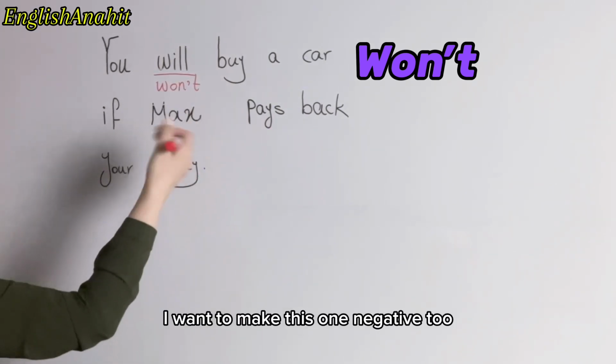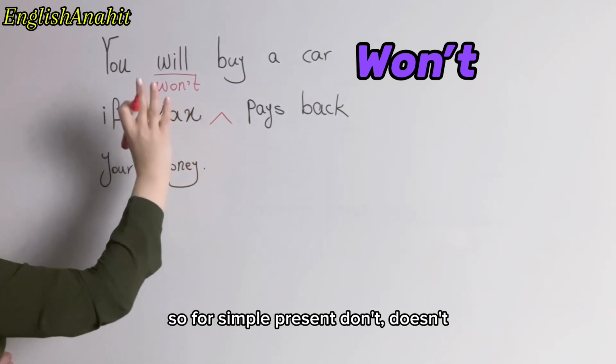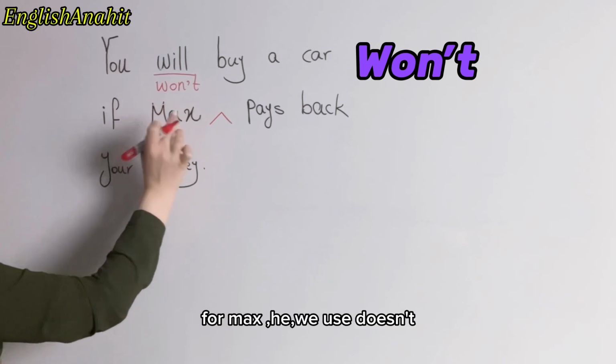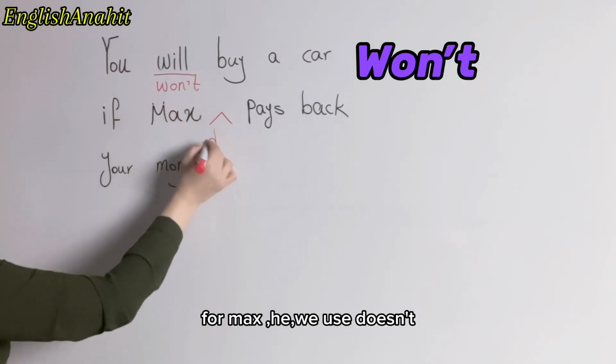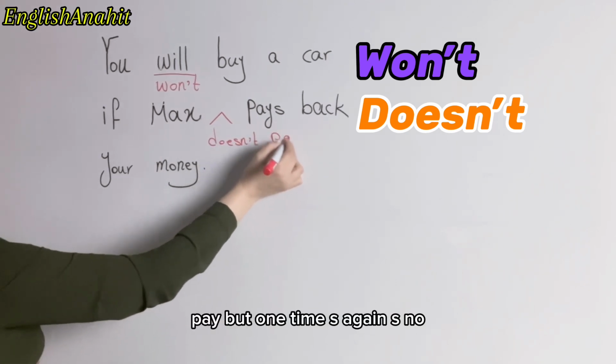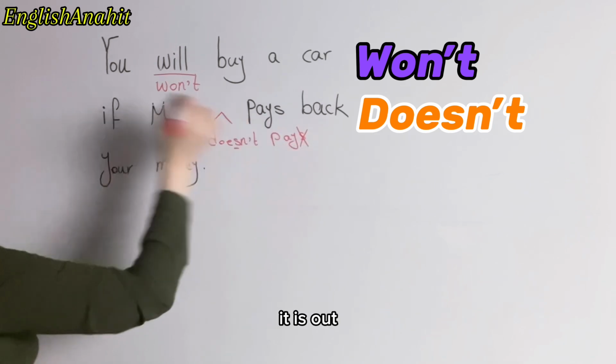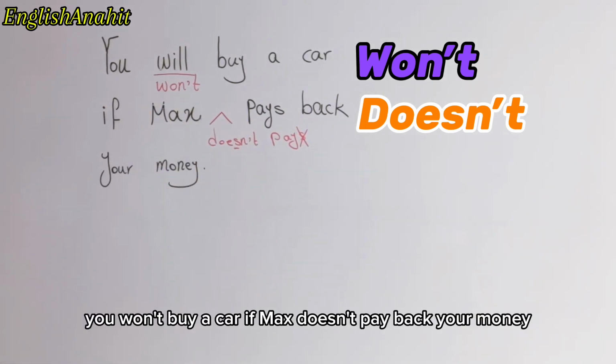Max, I want to make this one negative too. So for simple present, don't, doesn't. For Max, he, we use doesn't. Pays, but one time S, again S, no, it is out. You won't buy a car if Max doesn't pay back your money.